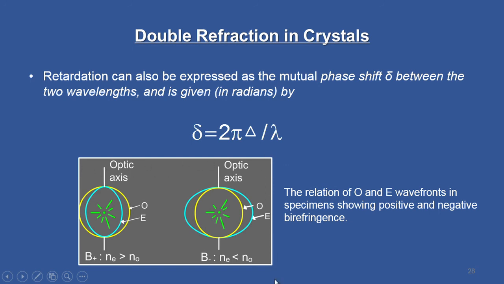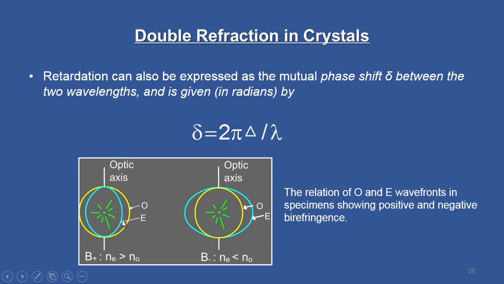Look at this schematic. You will appreciate this much more as we move along in this lecture. The first schematic shows the optic axis, and then you have the ordinary ray and this is the extraordinary ray.